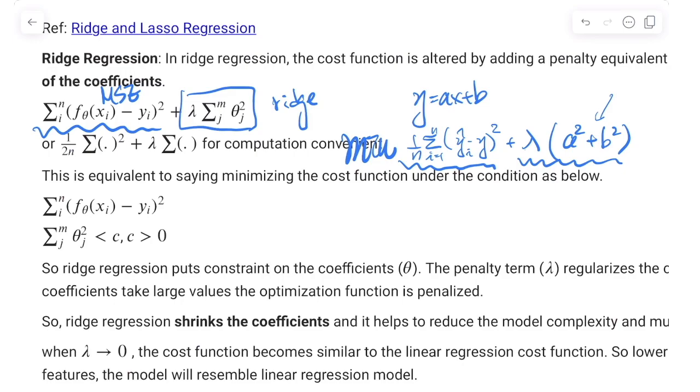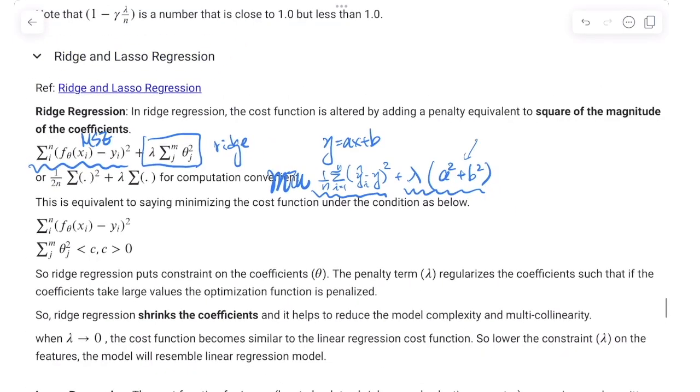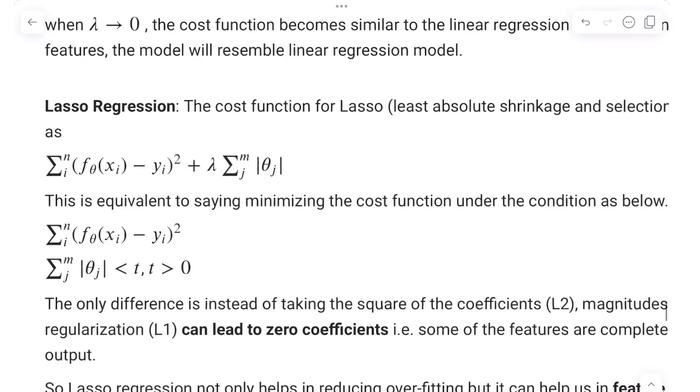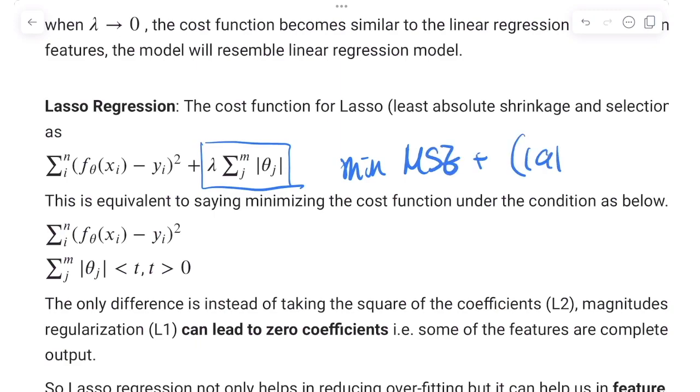So in this case, the ridge regression. Okay, we take a look at the lasso right here again. So that is to minimize the MSE value plus lambda times the absolute value of a and b.